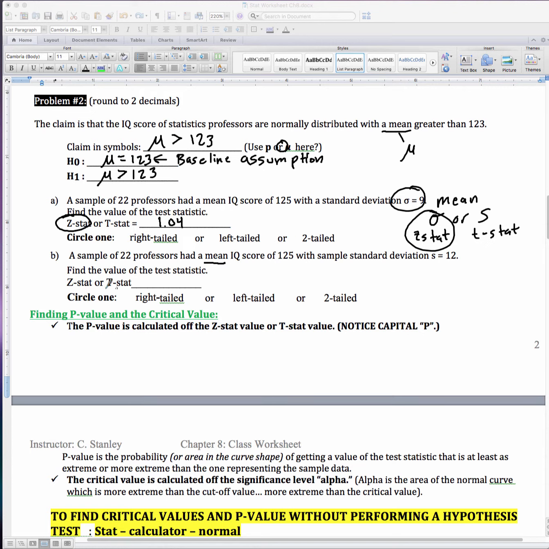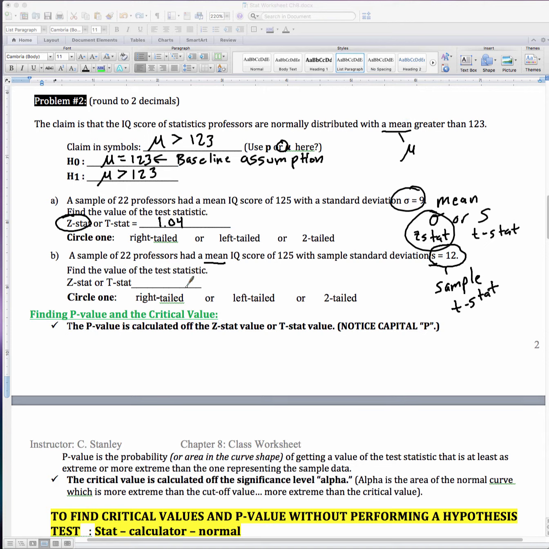It's a mean, so we're looking at a z-stat or t-stat, but here the standard deviation is 12, and this is from the sample. Since that's from the sample, we're going to do a t-stat. Let's see if it's still two-sided or one-sided. Oh, it's still greater.